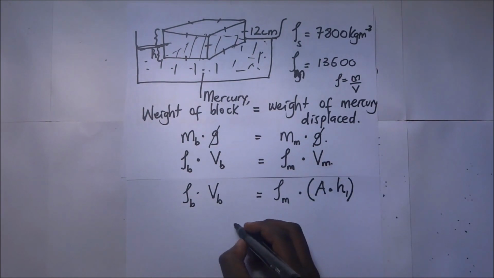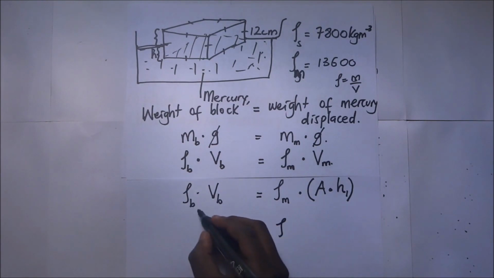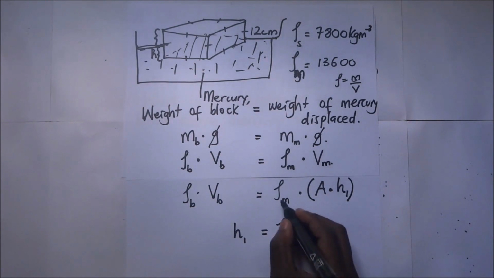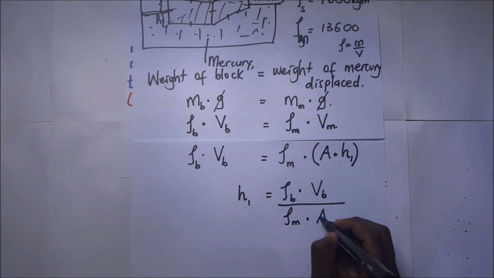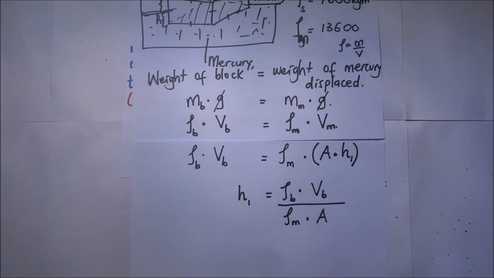So you make H1 the subject of the formula. So H1 is going to be equal to the density of the block multiplied by the volume of the block, divided by the density of the mercury multiplied by the cross-sectional area of that cuboid, to get the height of the block that sank into the surface.